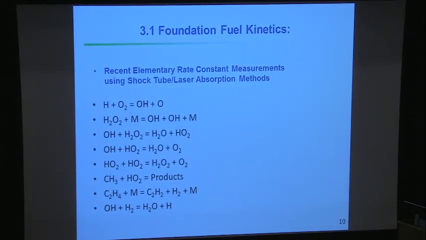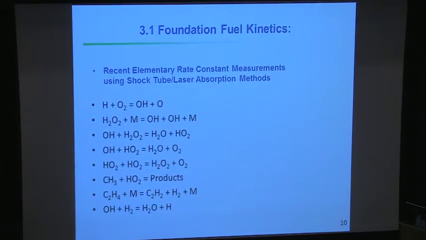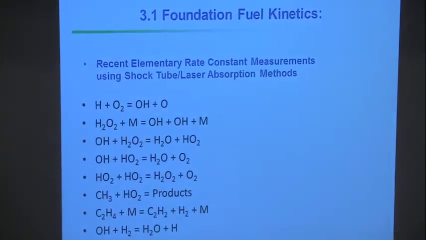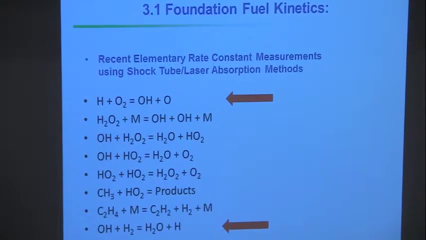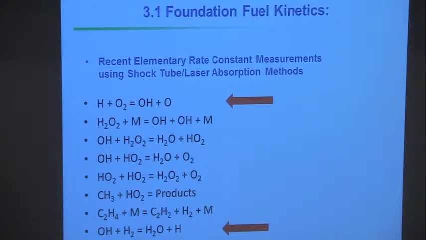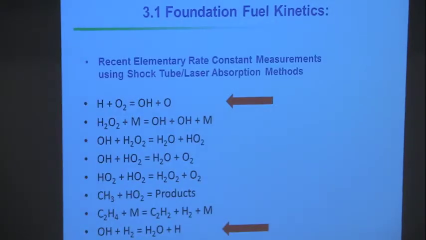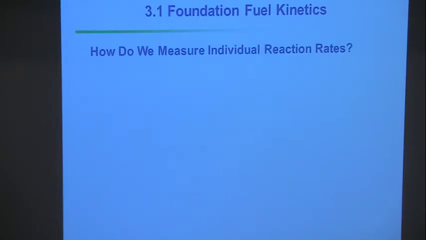These are also reactions that we've studied at Stanford at various times over the last 30, 40 years. I'm going to show you 2 examples now, the red arrows. The first one is the so-called branching reaction that's considered to be the most important reaction in combustion chemistry in terms of its impact on properties like ignition delay time.